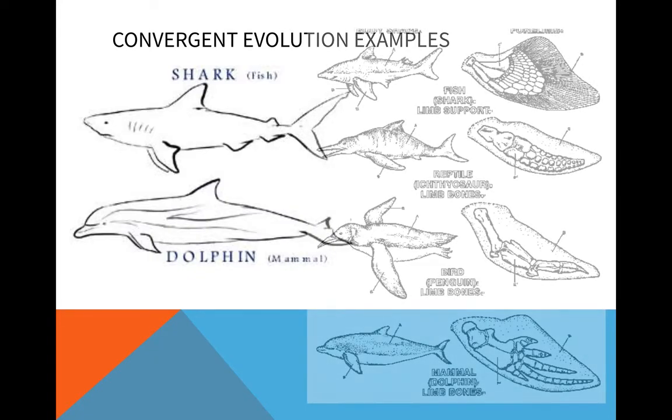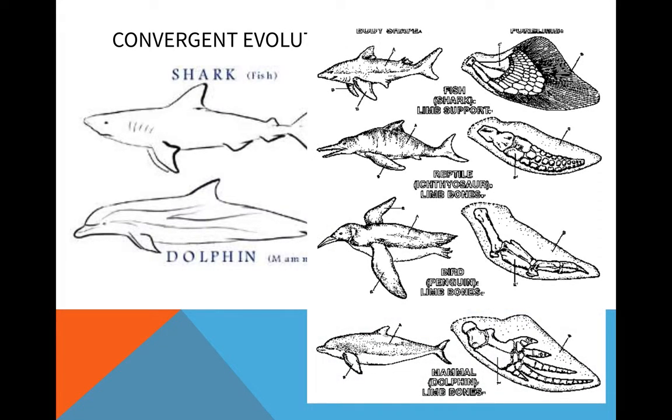Some other examples of shapes being similar also come from fish. If we look at some of their fins, the shark, for example, the bones in that fish fin are very similar to the bones of a mammal's fin.